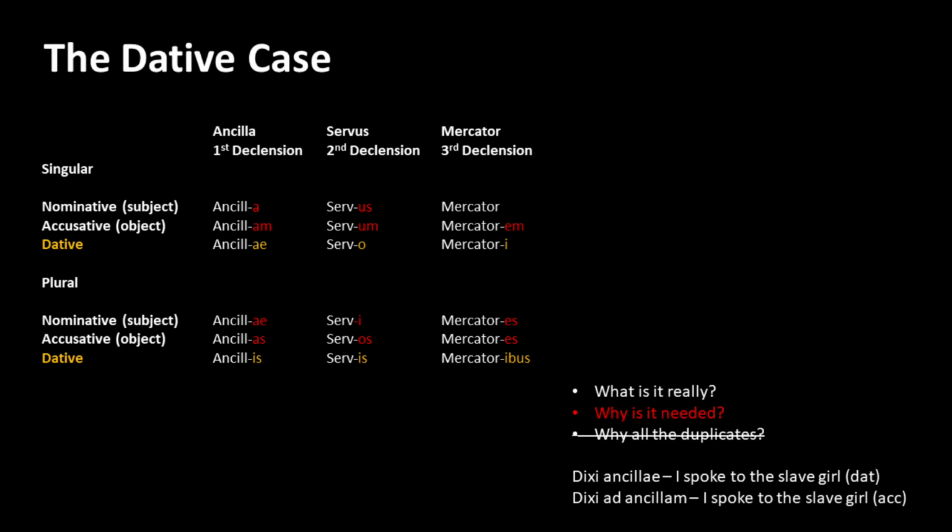This is correct usage, or correct usage according to the rules of the classical language, but this isn't necessarily how the Romans spoke to each other. At some time in the history of Latin as a spoken language, probably after about 300 AD, the dative case disappeared or began to disappear from the spoken language.